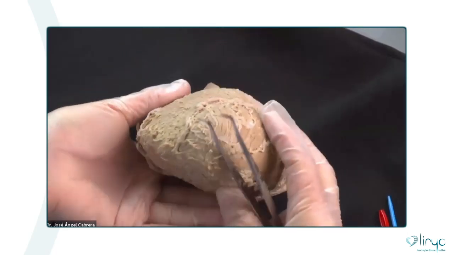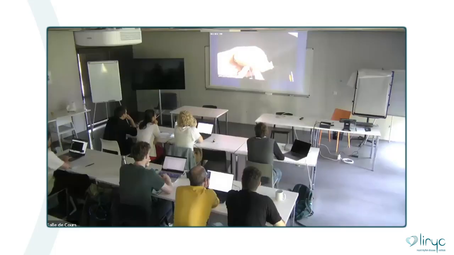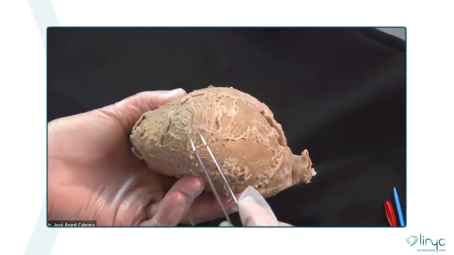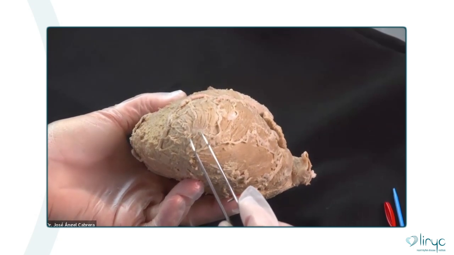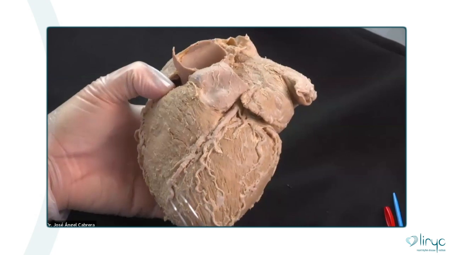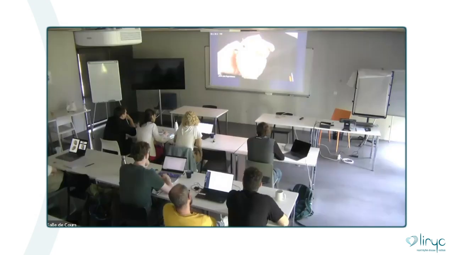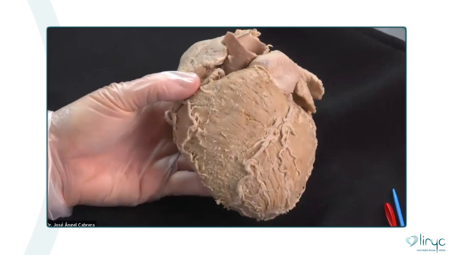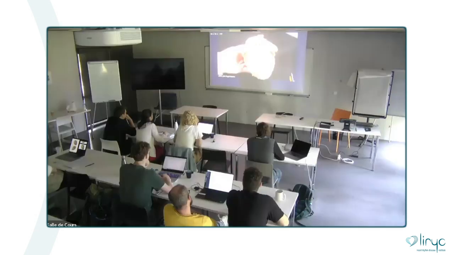But the apex belongs only to the left ventricle. This is the left ventricle. And this is crucial to understand, because we can use the term apical component of the right ventricular apex, but in fact, this is the apical component of the left ventricle.